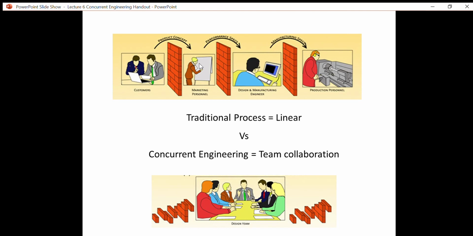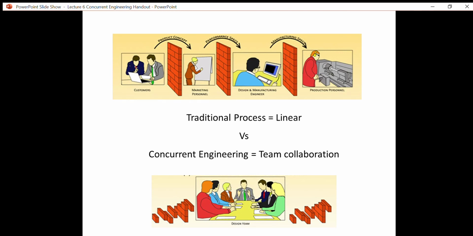Then they compile the requests and do a performance specification, because they are already engineers, so they know how to do it. Then they pass it over to the design or manufacturing engineering sites to do the detailed design specification, and after that they pass it over to the production site personnel.